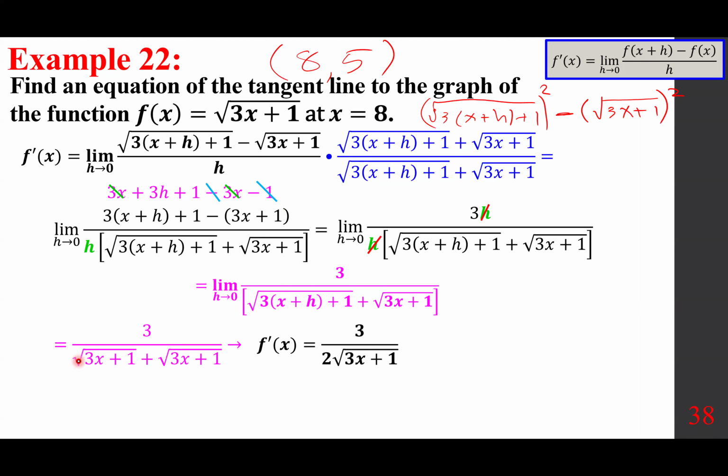We want the slope at x equals 8. We plug in, remember when we plugged in 8, we got 5.